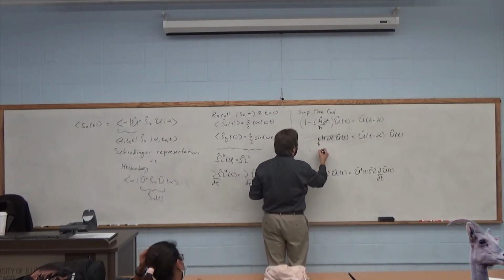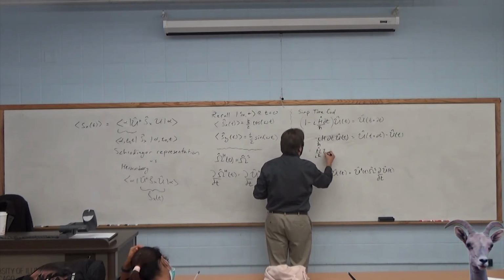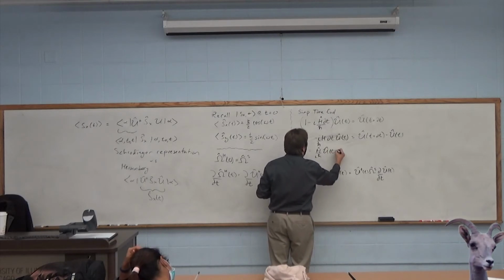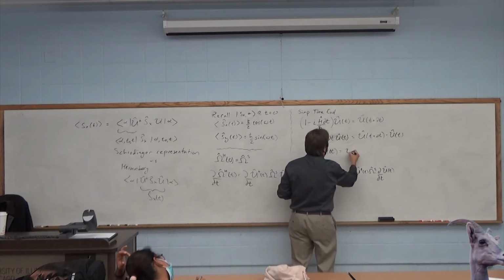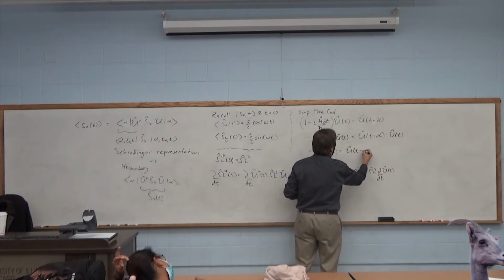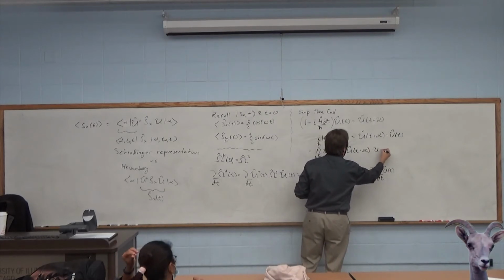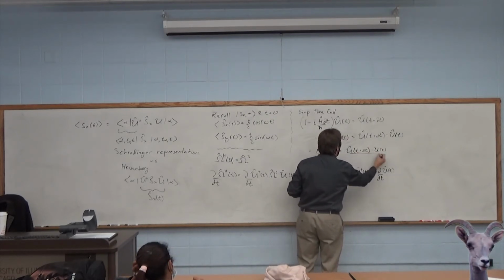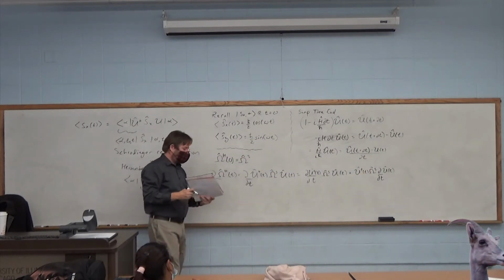Now what I can do is I'm just going to eat the minus sign by bringing I at the bottom. And now what I've got is the operator changing a very minuscule amount of time divided by a minuscule amount of time, which of course is the definition of a derivative.